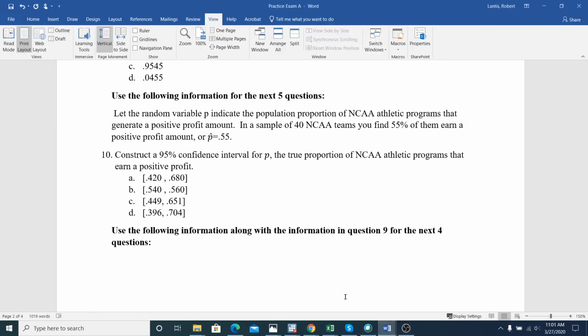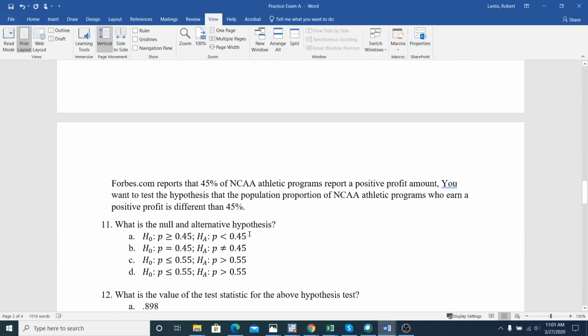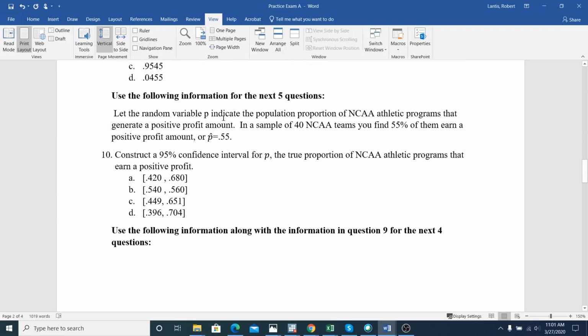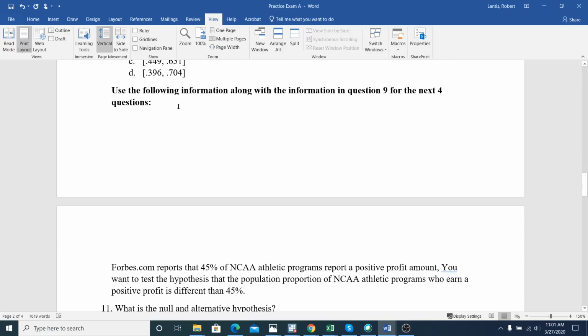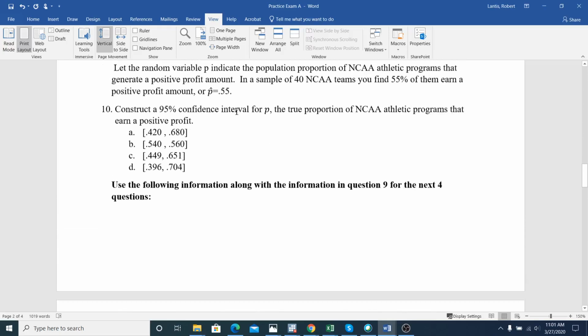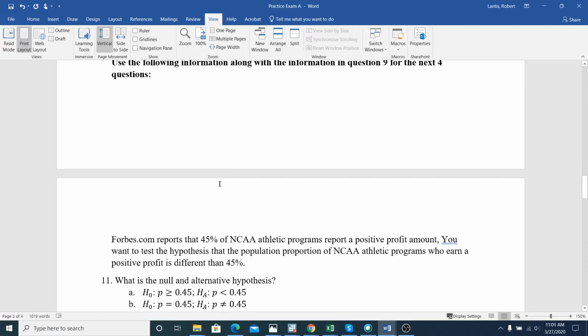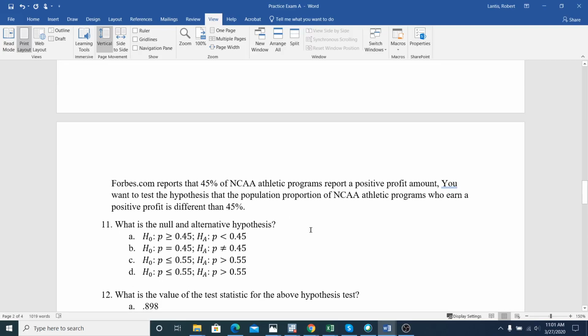The next question, right? Using the same information. So use this information for the next 5 questions. Forbes reports that 45% of the programs have a positive profit amount. You want to test the hypothesis that the true population proportion is something different than 45%.